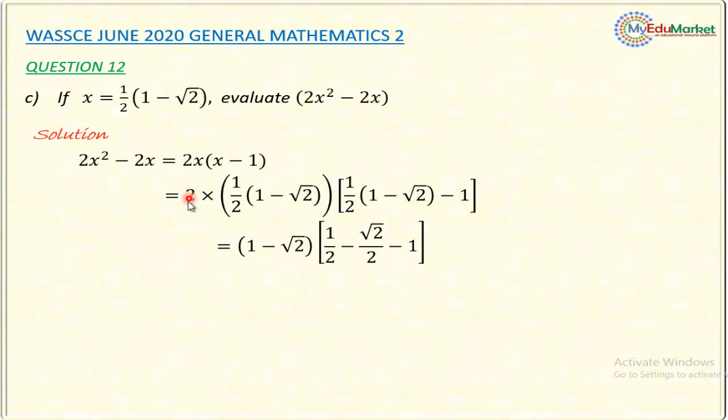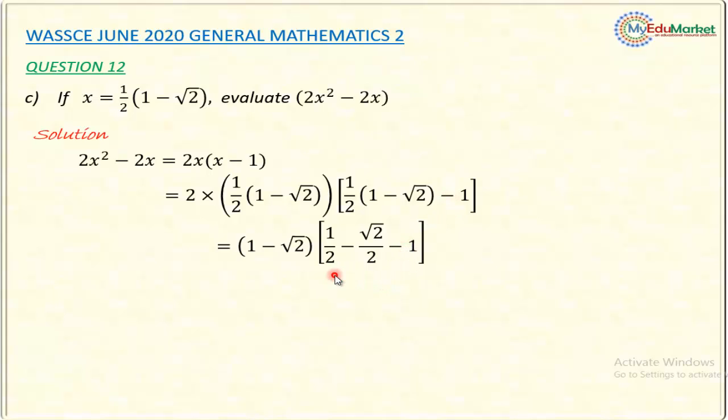2 times this bracket is nothing but 2 times 1 over 2, so this 2 will cancel, leaving 1, and 1 times 1 minus root 2 is now 1 minus root 2. This 1 over 2 also taken into this bracket, you have 1 over 2 times 1 is 1 over 2, 1 over 2 times minus root 2 is minus root 2 over 2, then I'll copy that minus 1.